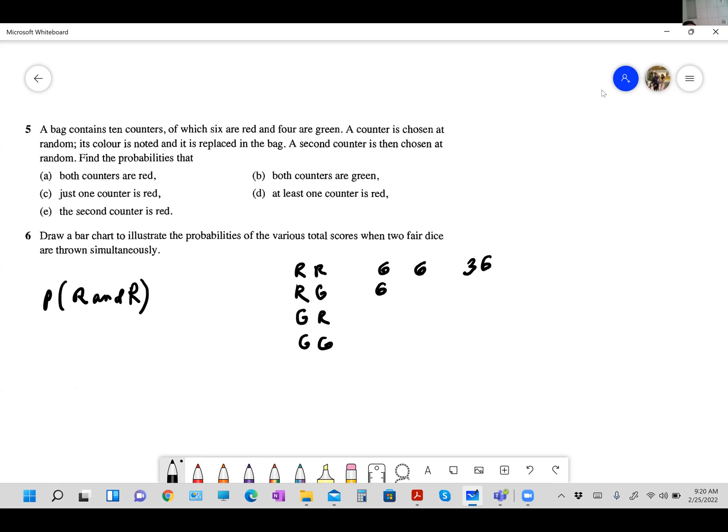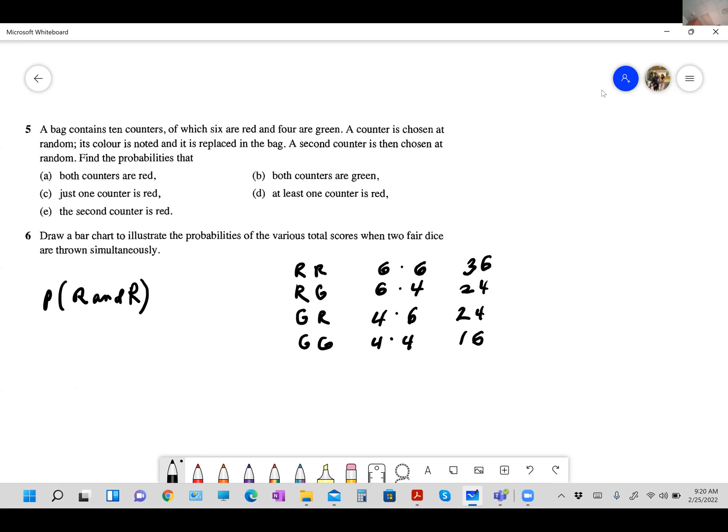How many ways can you get green? 4. That's 24. How about green and red? How many ways can you get green? How many ways can you get red? So that's 24 ways. How about green and green? There's 16 ways.